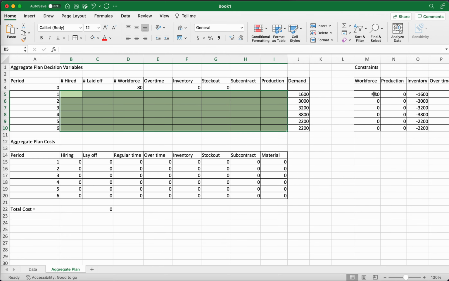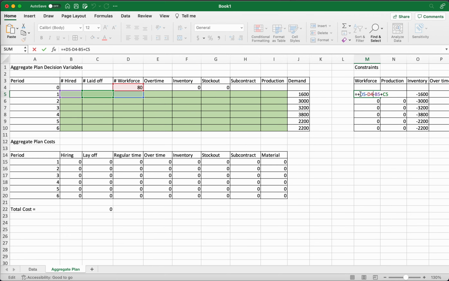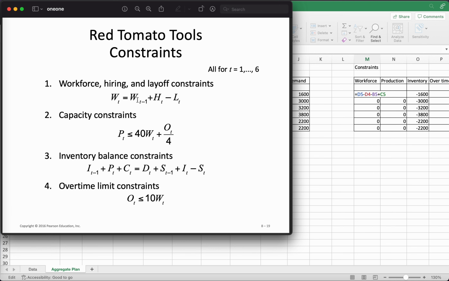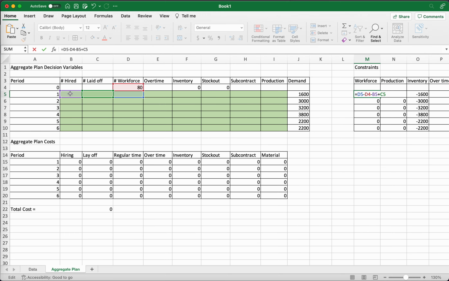When I write the workforce constraint, you start with D5, which is the workforce for this month, minus the workforce for the previous month, minus the number of people you hire, plus the number of people you lay off.